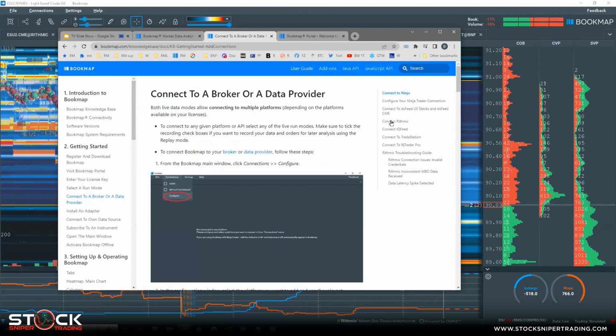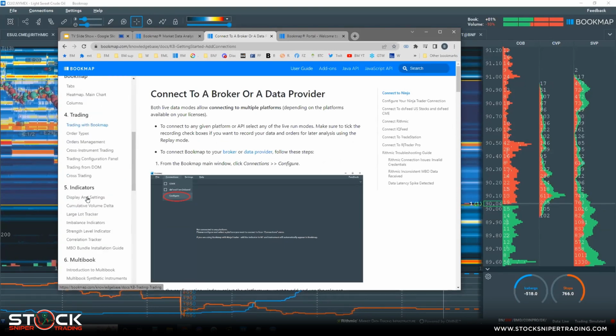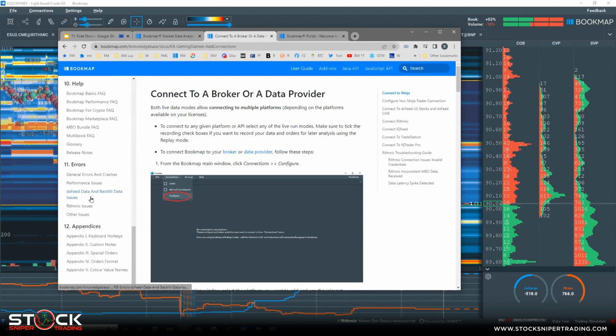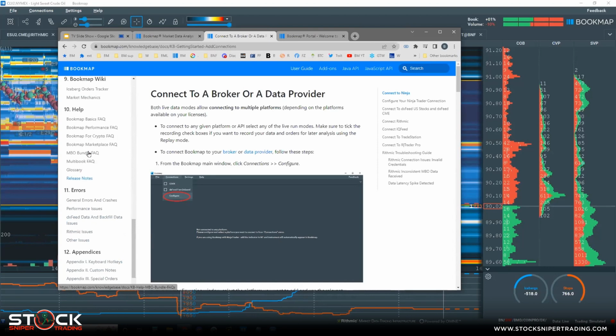These are connections here, but that's not what we want. Hold on a minute. Boy, they kind of shifted things around a little bit. I know we got it. I've looked at it a million times.